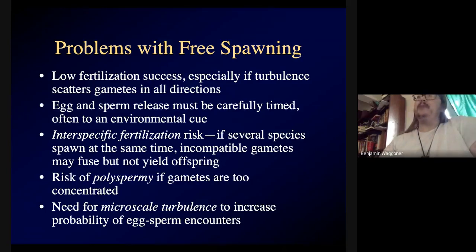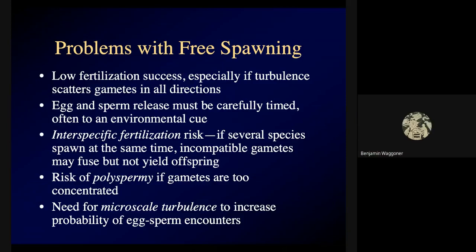And in that case, it may actually be harder for a sperm to find an egg. So you need something, preferably, to make that water just a little bit more turbulent, not so much that the egg is thrown away, but turbulent enough that there's a chance that the sperm can be brought closer to the egg.